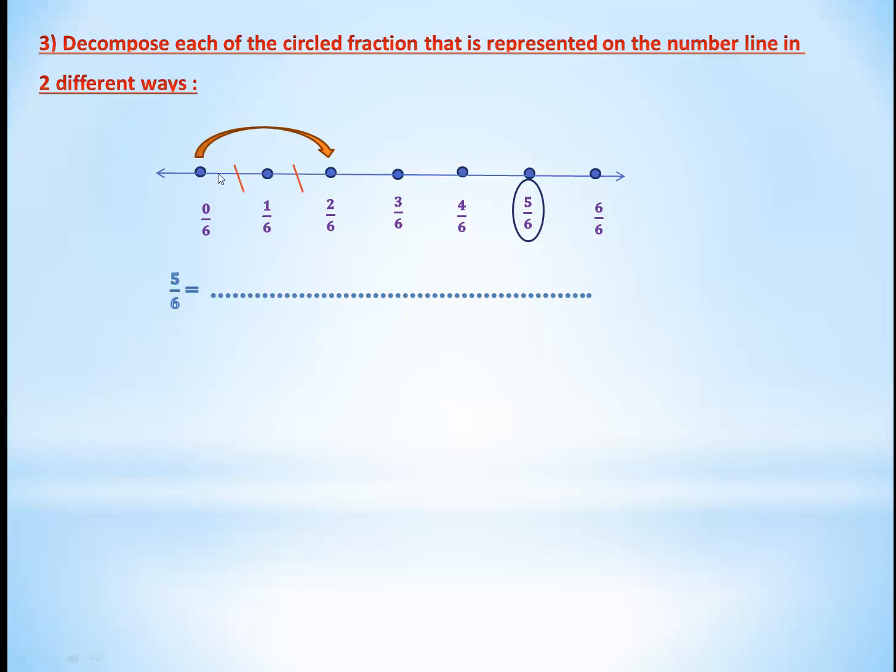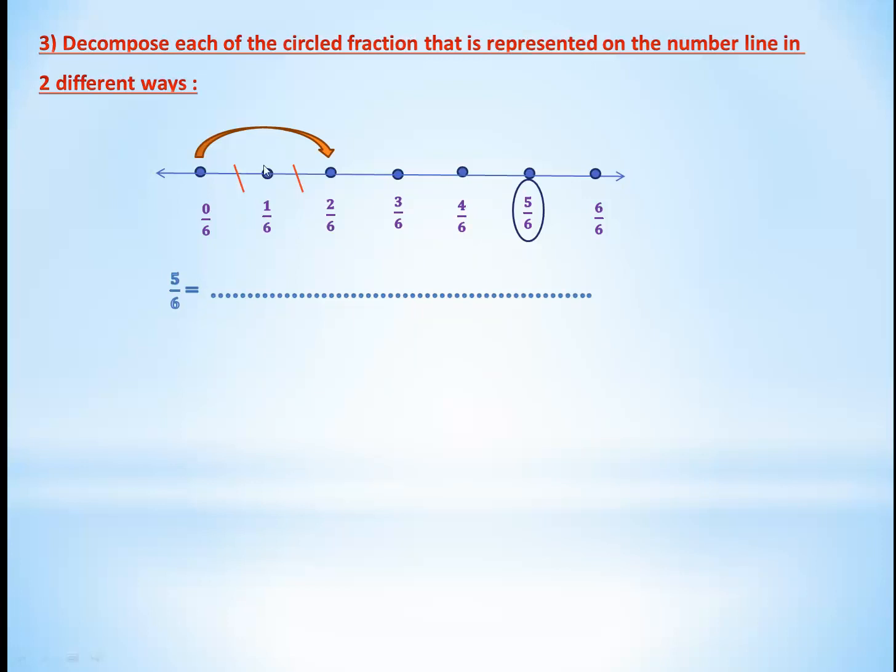Here we have, okay, we know that between 0 over 6 and 6 over 6 is 1, between 0 and 1 we have 6 spaces, 1, 2, 3, 4, 5, 6. So we have 6 sixths.